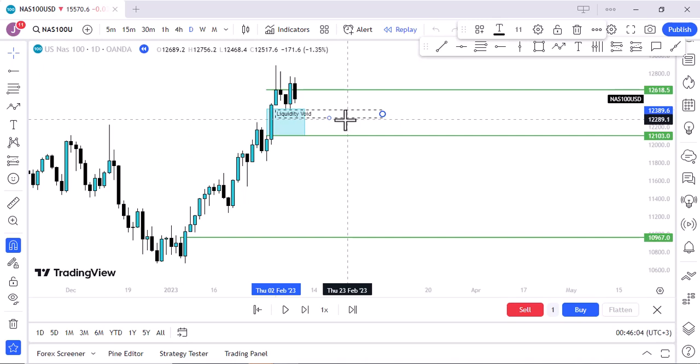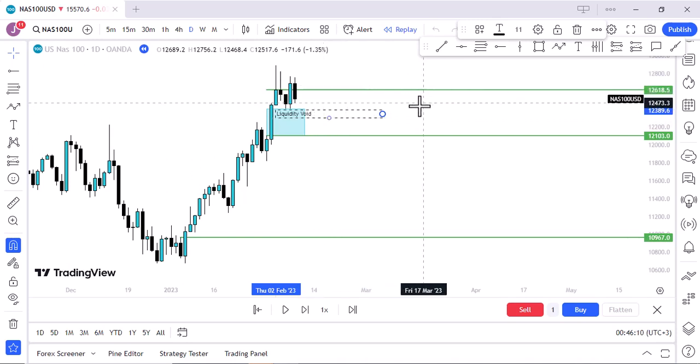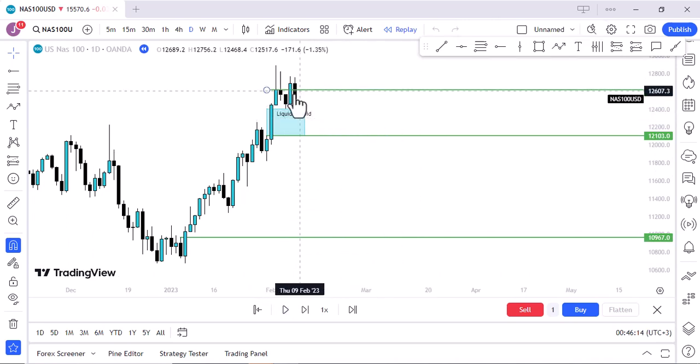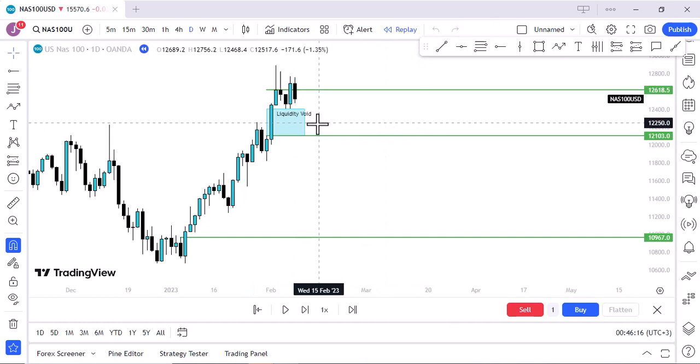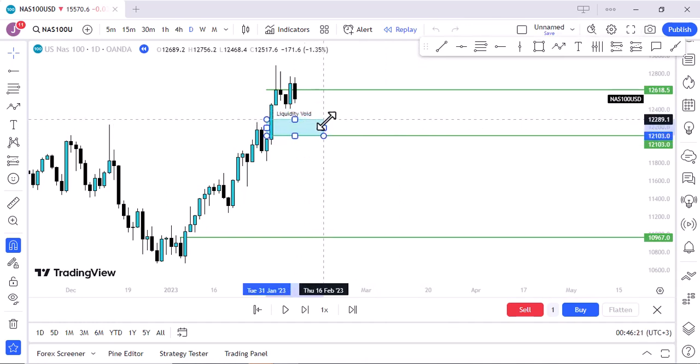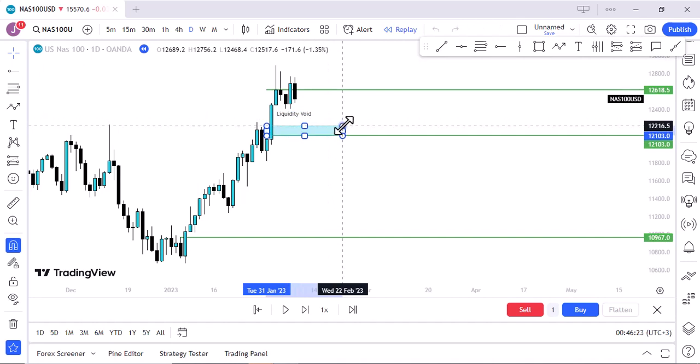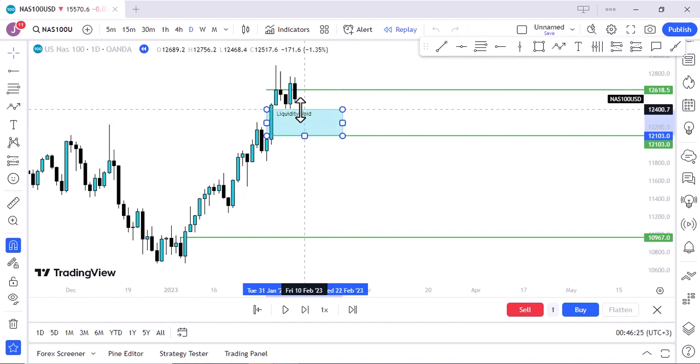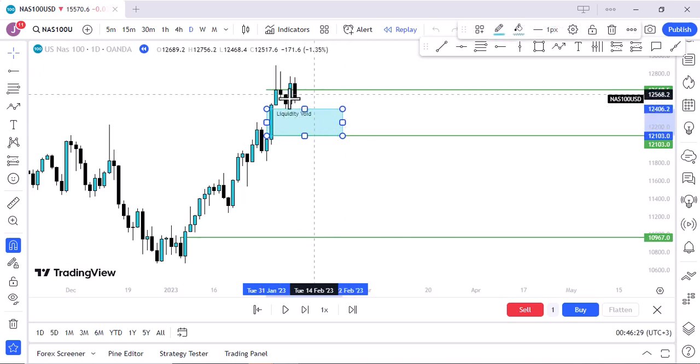When some of the liquidity has been collected, but it has to be a large chunk of it. So you want to see a very small space for liquidity. So liquidity gap. Maybe it might be something around this, something small, nothing big. So this is still fairly big, but nonetheless, you get the point.